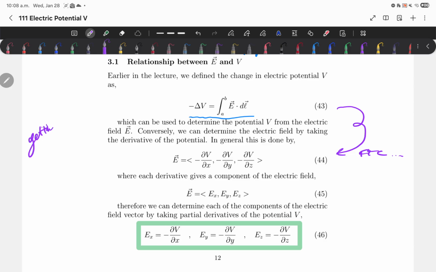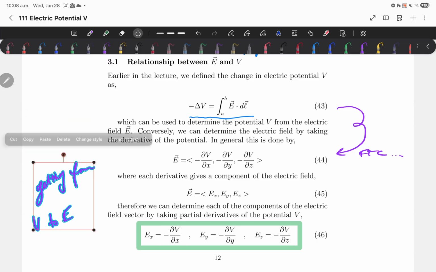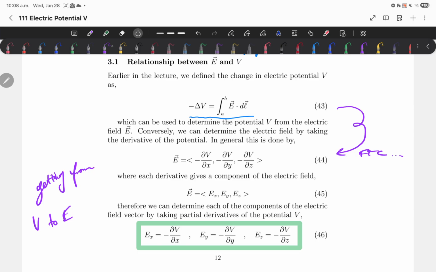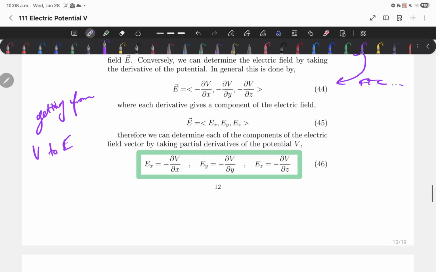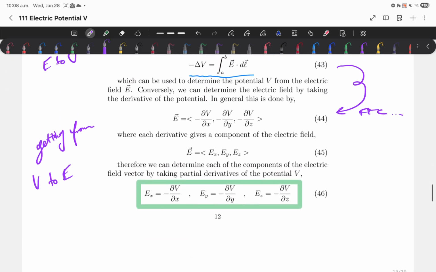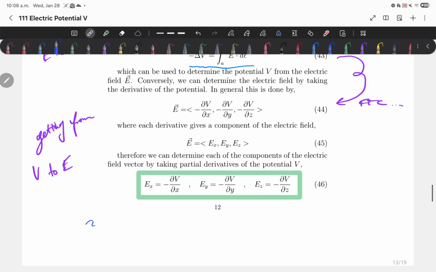So our electric field we know has an x, y, and a z component. Therefore, each of those components of the electric field, like Ex, for example, is just the negative x derivative of V, and so forth. You might wonder, what's with these curly derivative symbols? Okay? We talked earlier about multivariable functions, where something depends on more than one input parameter. The potential depends on x, y, and z.